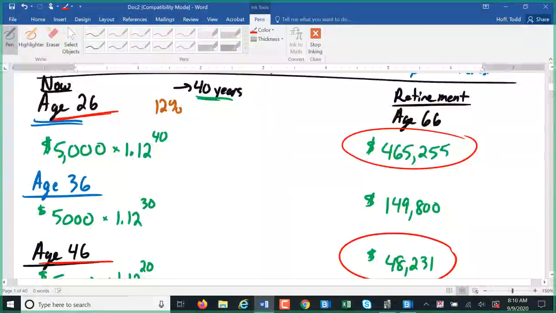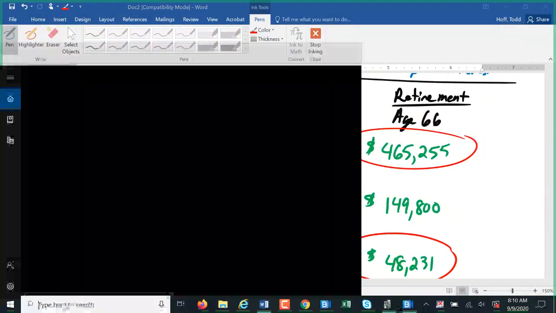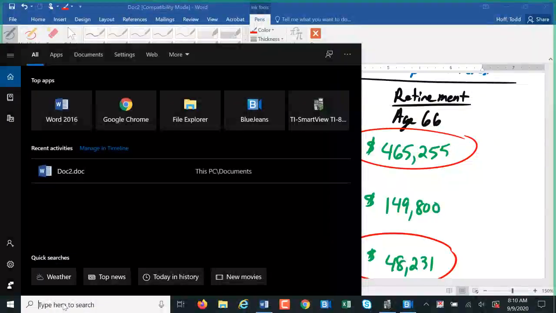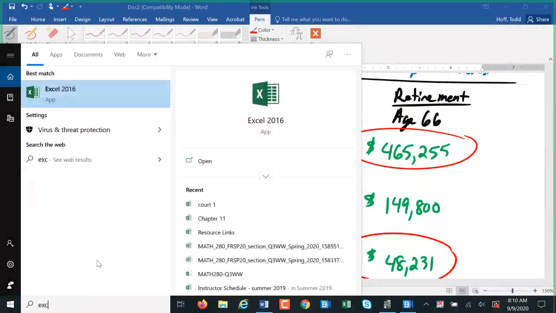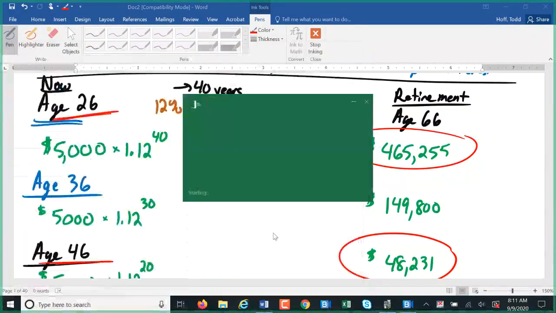In fact, since we have a minute here, let's do the actual numbers.